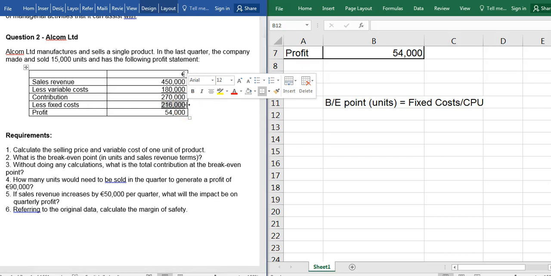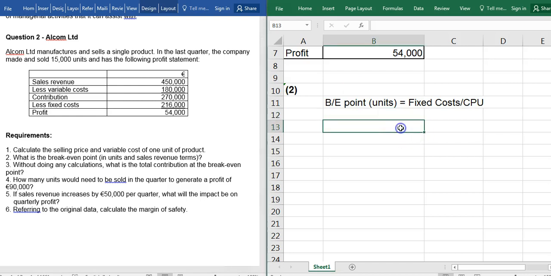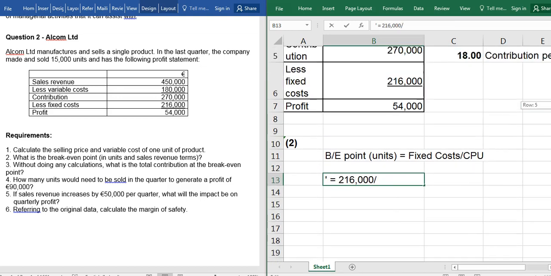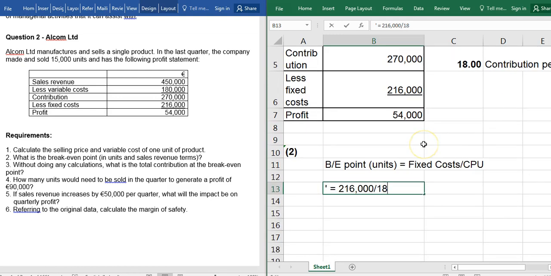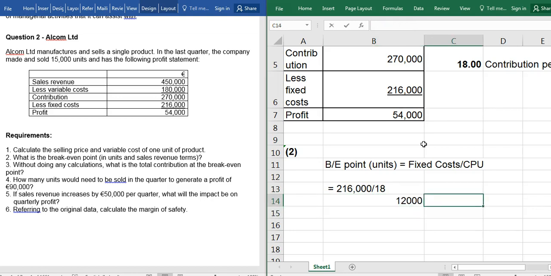That's an assumption around CVP as well. So in this case, it's 216,000 divided by your contribution per unit we've just calculated, which is 18. Essentially what we're asking is, how many units at €18 do we have to sell to get 216,000? Your break-even point there will be 12,000 units. So we need to sell 12,000 units just to break even.